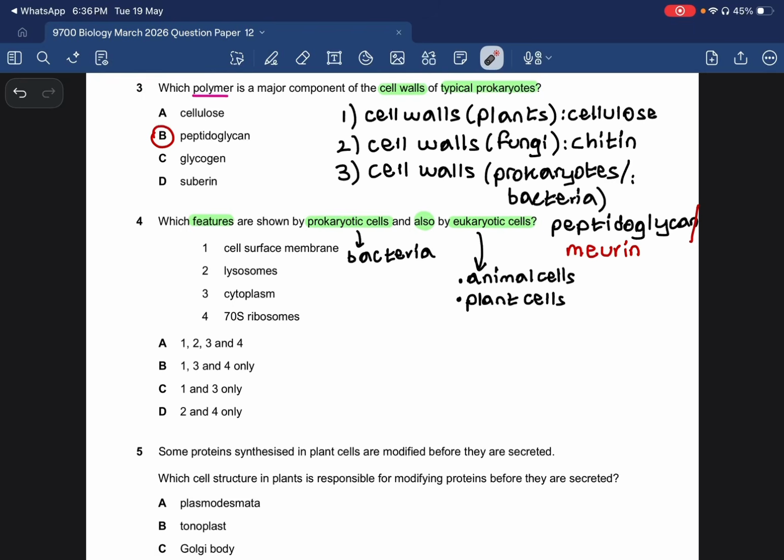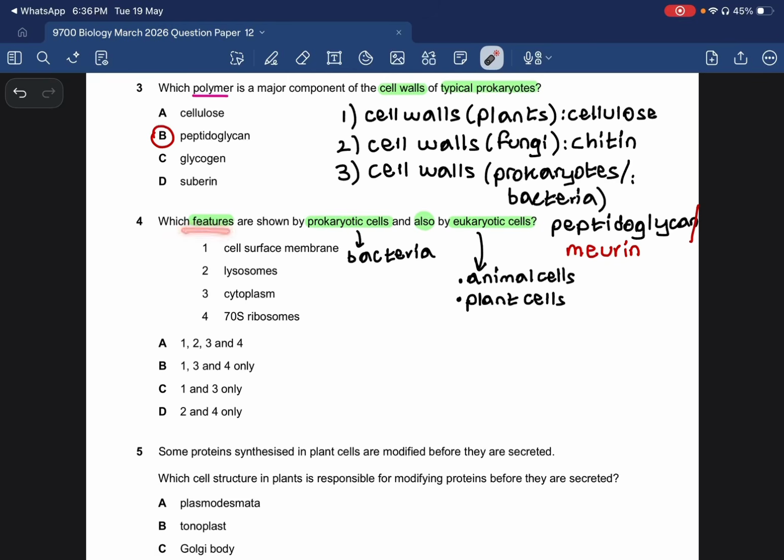That's wrong. Eukaryotic cells are also plant cells, and plant cells do have a cell wall. So basically, whenever you think about eukaryotic cells, think about both of these types of cells together, not just animal cells alone and not just plant cells alone, unless it specifies which type of eukaryotic cells they are talking about.